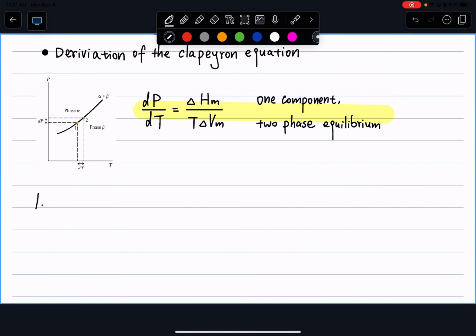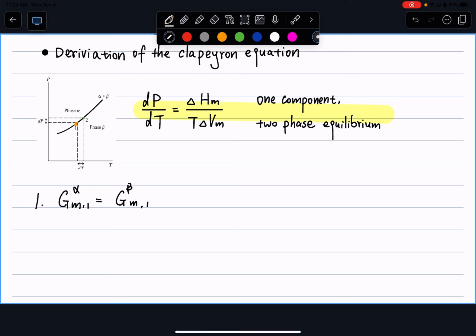The first thing we know is that at equilibrium, like what we just used here, we have the Gibbs free energy of your species in phase alpha equals your Gibbs free energy in phase beta. Now, let me just specify your point 1 here. So this 1 doesn't mean a different component. It just means point 1 on the figure here.